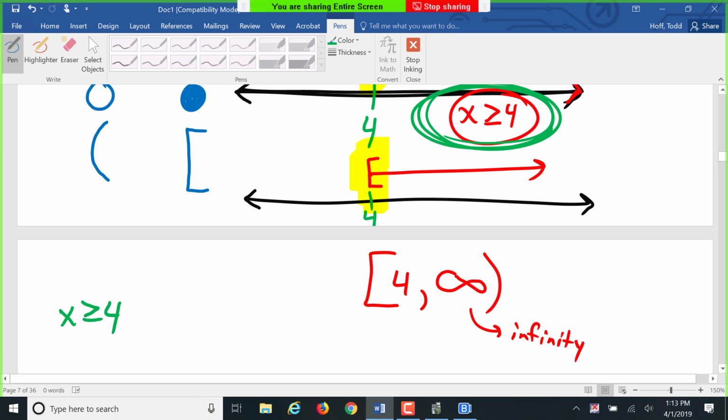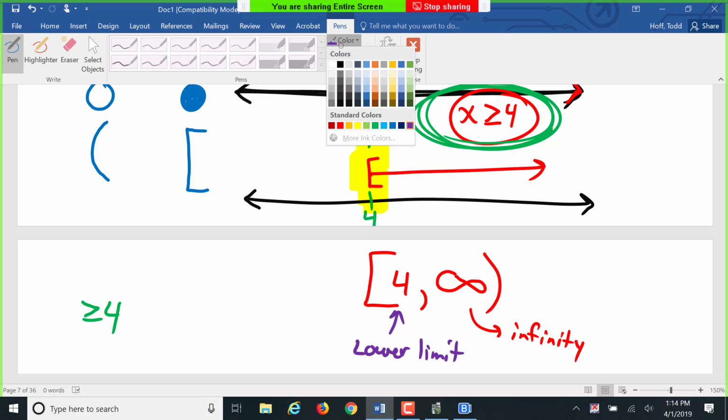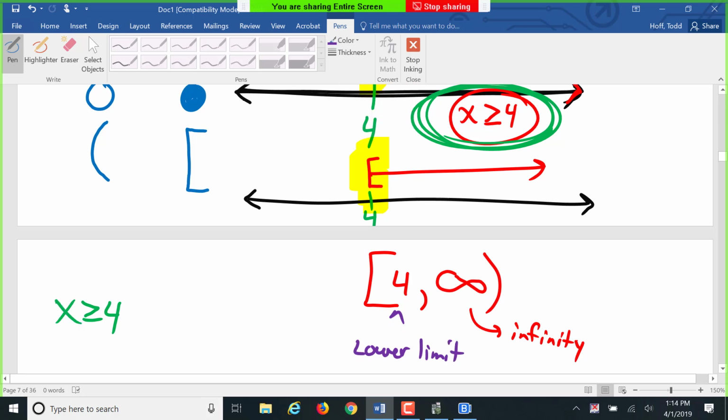Basically what we're doing is we're taking this statement here, rather than saying x is greater than or equal to 4, we're putting both a lower limit and an upper limit on x. Saying that x is greater than or equal to 4 is saying that 4 is the lower limit. That's the smallest that x can be. Don't know why my x disappeared there. So that's saying 4 is the smallest x can be, and x can go up to infinity.